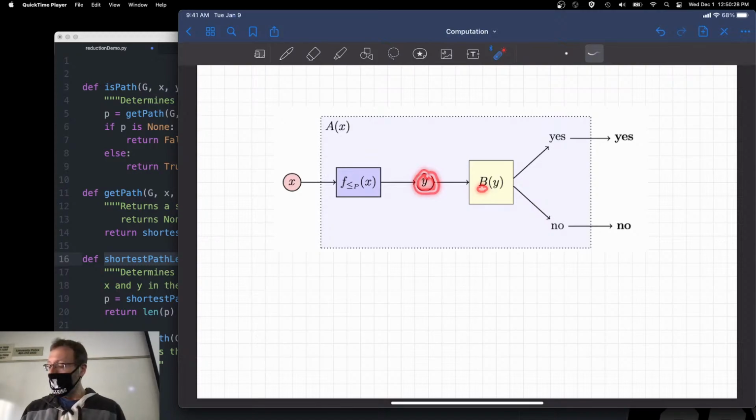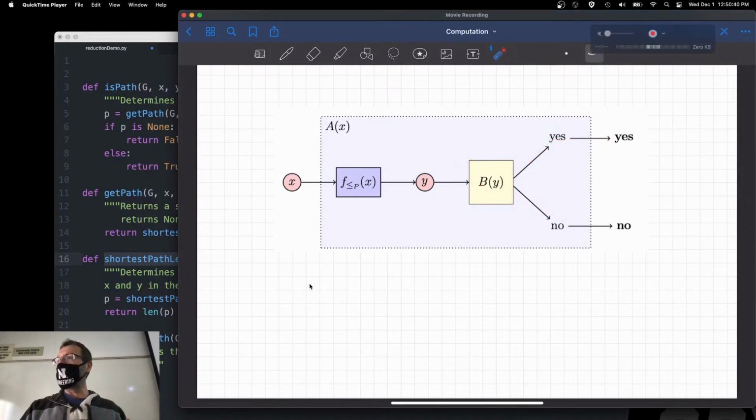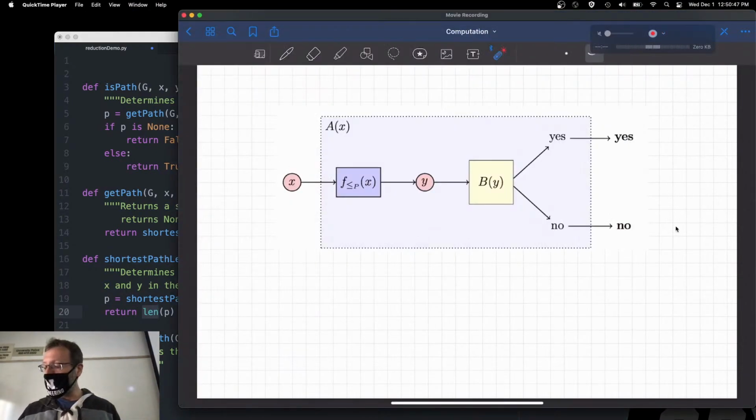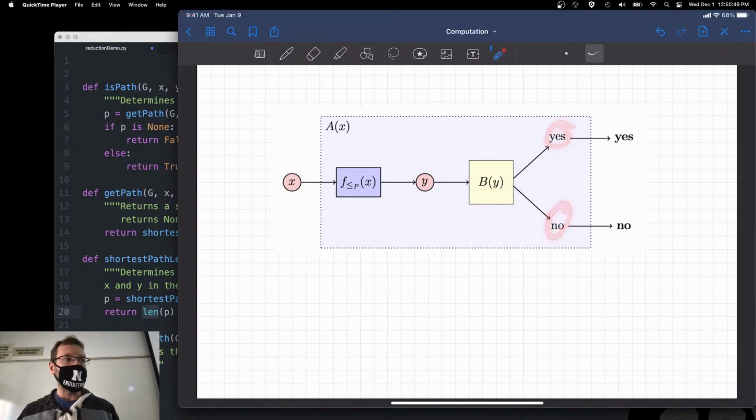We use this purported solution for B, and depending on the outcome of that, we answer yes or no, or we flip it, or we condense it, or like we did over here, we took the length of the returned value. We are transforming the output and then creating our own output over here.